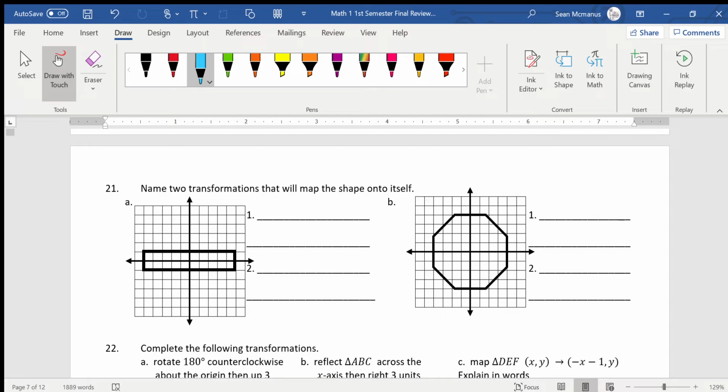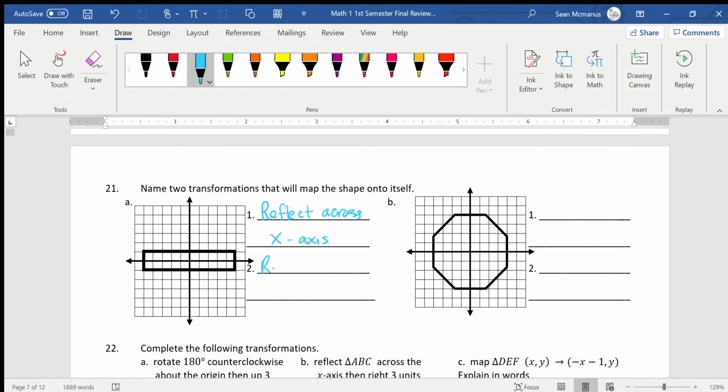But I think probably the single transformation that will put it back onto itself, I could reflect across the x-axis. Right, that would basically just flip it over on top of itself.